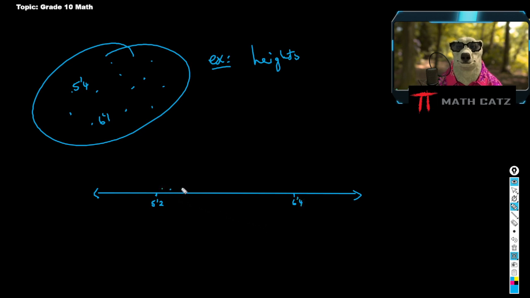And of course, I have all the other data points spread around here. Maybe some are more in the center. Some are duplicates. There could be a couple of people at 6'1", for example, but they're all spread between these. So I definitely have this minimum data point and this maximum.